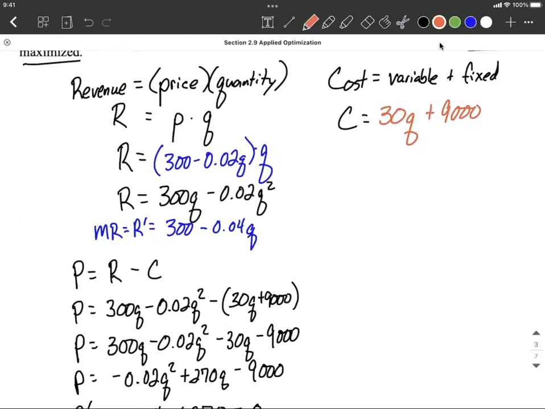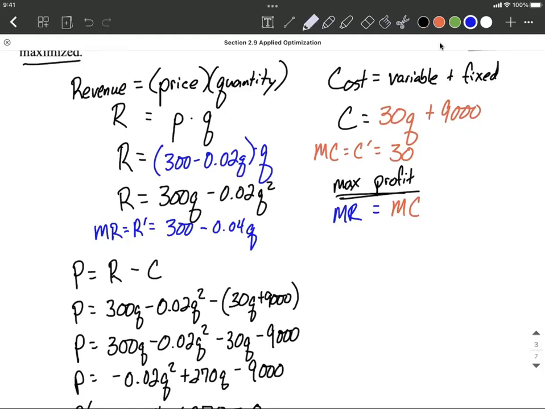And then we can go over to our cost function and we can find the marginal cost, which is the same thing as the derivative of the cost function, which would be 30. And our maximum profit is going to occur whenever the marginal revenue is equal to the marginal cost. All right, this will maximize our profit.